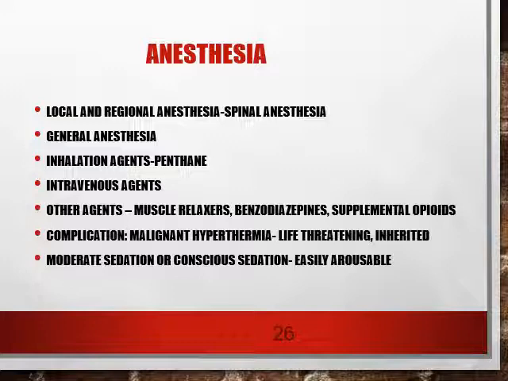Then there's general anesthesia. There's inhalation agents. Pentane is an inhalation agent. Those are used for most procedures using inhalation agents. The patient is first induced with a short-acting IV agent that causes loss of consciousness, and then an endotracheal tube.